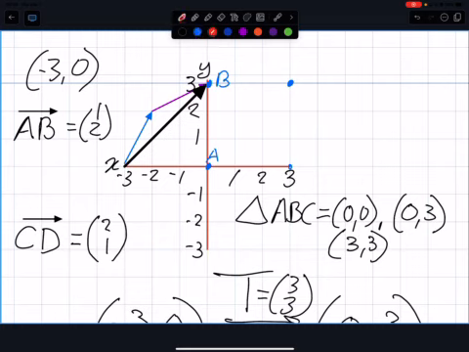It's here. This is your triangle. There it is. And then I say, move the triangle.